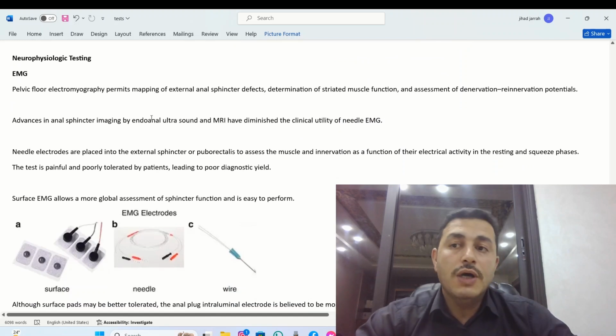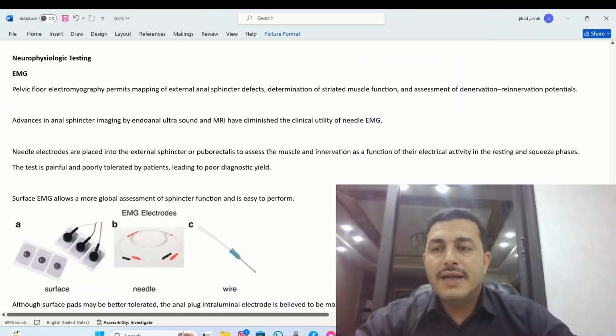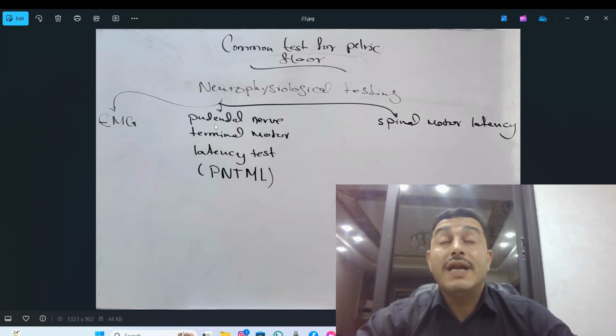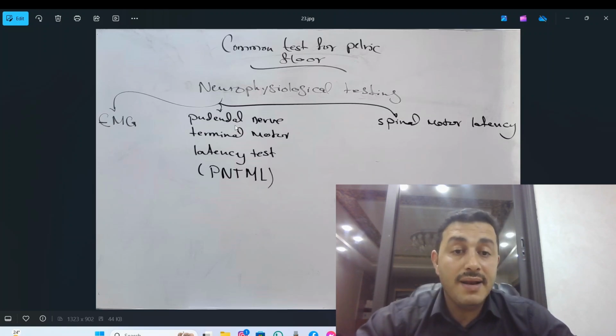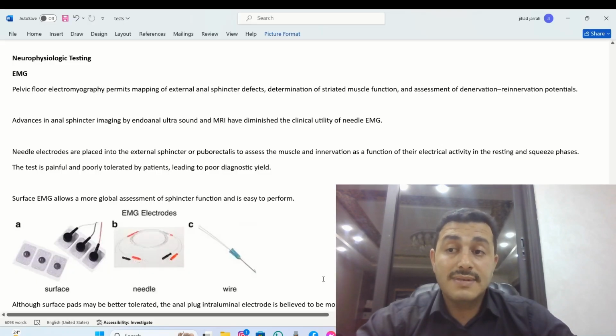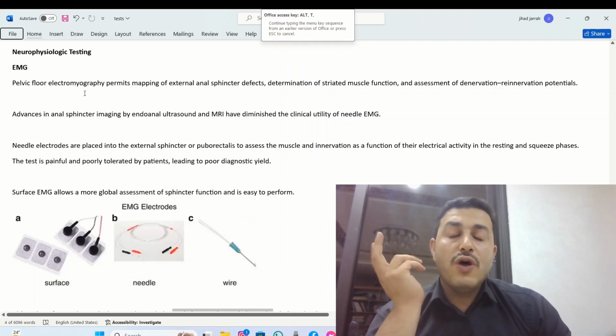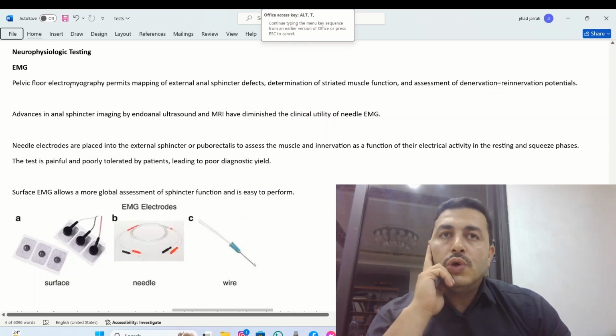We move now to the neurological testing. These include the EMG, when to do the EMG, what is the significance of the EMG, pudendal nerve terminal motor latency test, PNTML, and spinal motor latency. EMG is one of the oldest modalities to screen the function of the external anal sphincter.